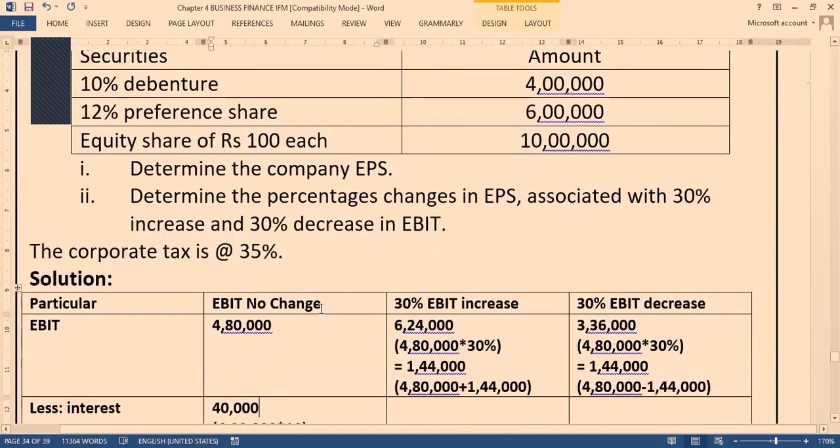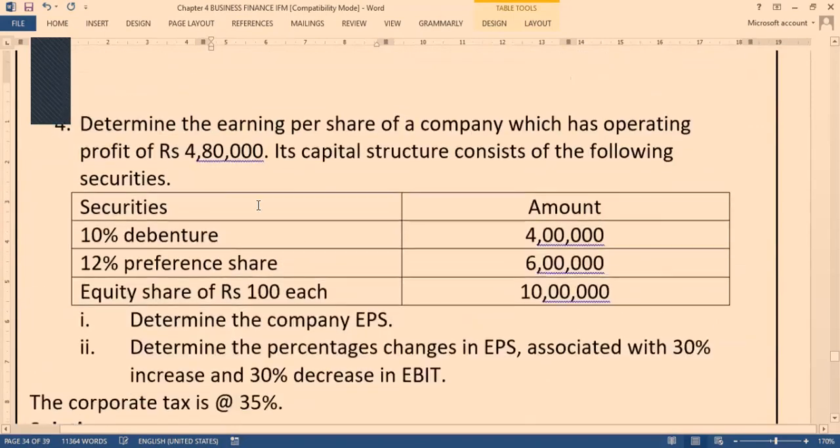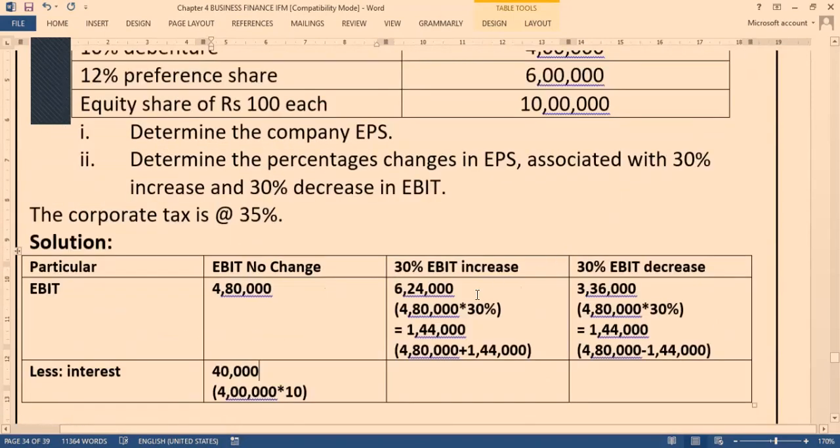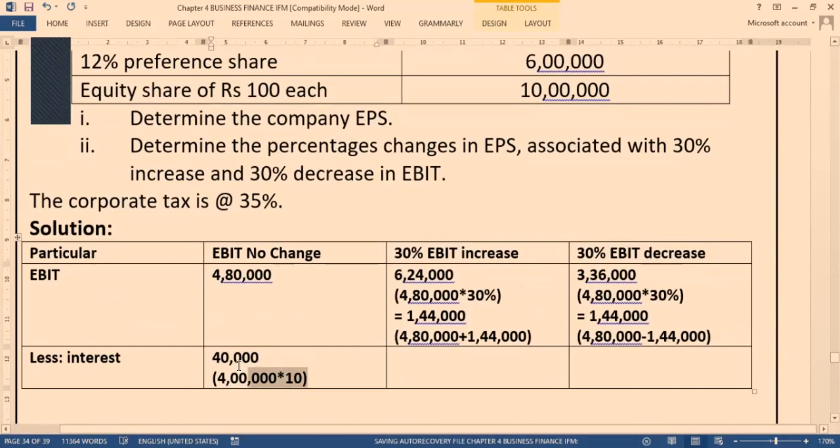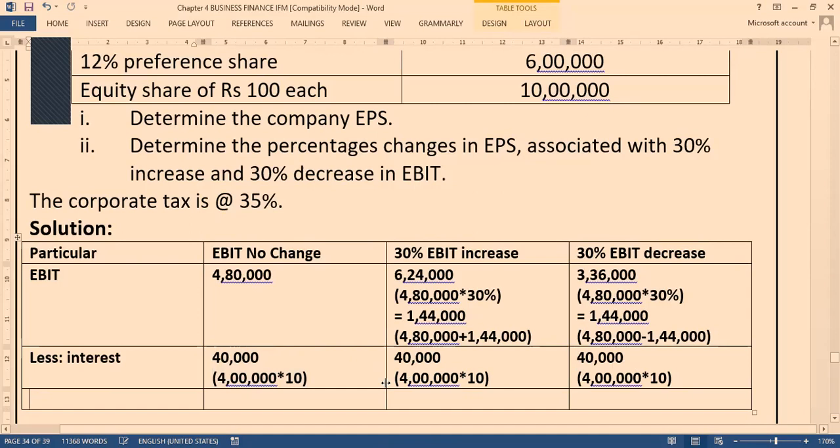Here only the EBIT changes, whereas the debenture remains constant. That means whatever interest you take here stays the same, whether it is a 30% increase or a 30% decrease.